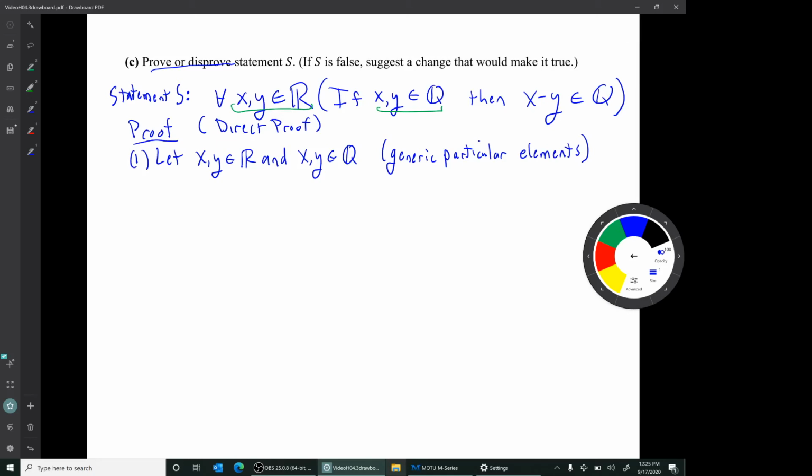So letters x and y that have the qualifications mentioned in the description of the domain and in the description of the hypothesis. Remember that the direct proof method is the method of generalizing from the generic particular element. And we know how this proof is going to have to end. It's going to have to end with the statement that's the conclusion.